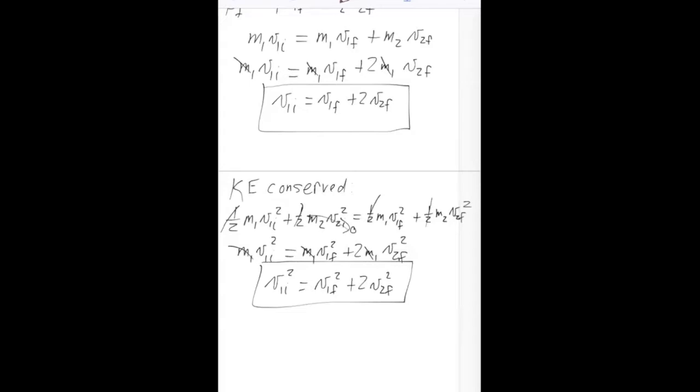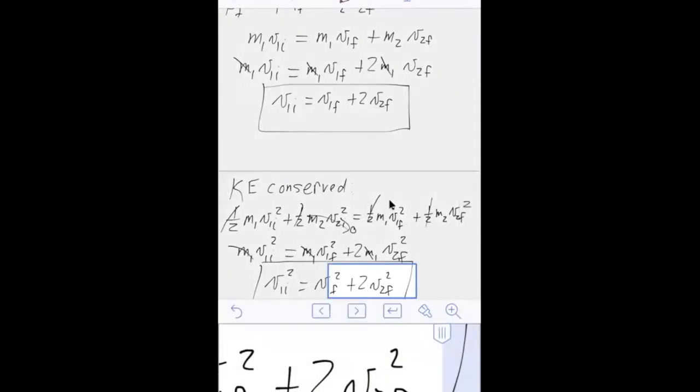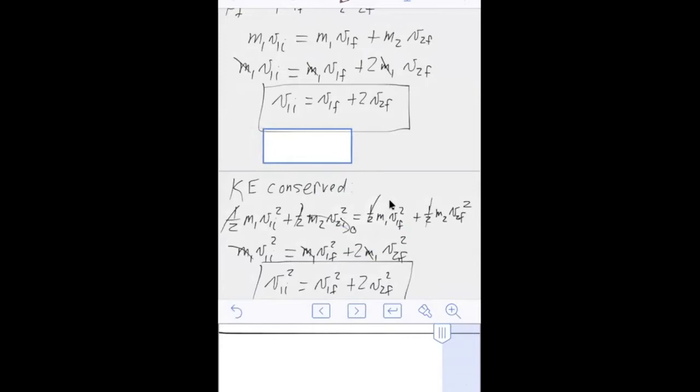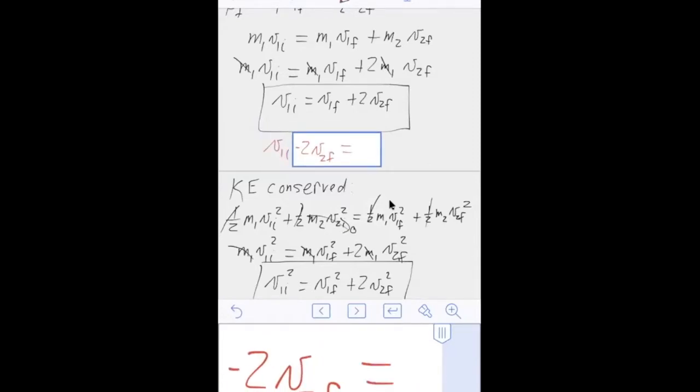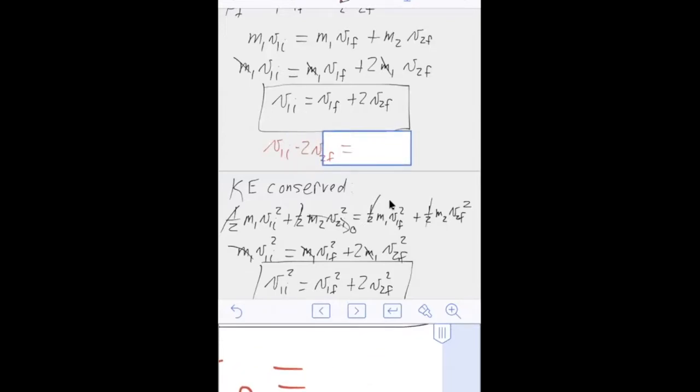So I want to solve this. It doesn't matter which one I solve it for, but I'll solve it for V1F. So I will subtract 2 V2F from both sides, so I get V1I minus 2 V2F is equal to V1 final.